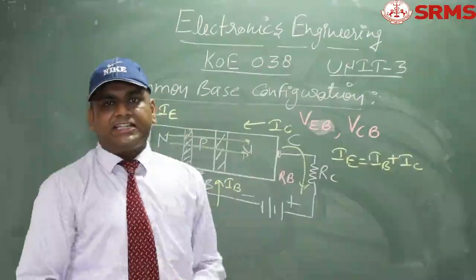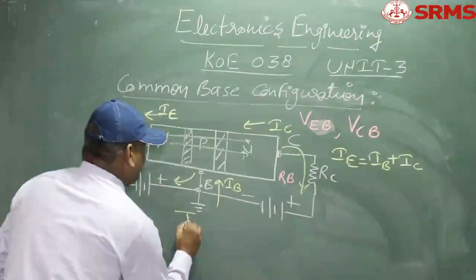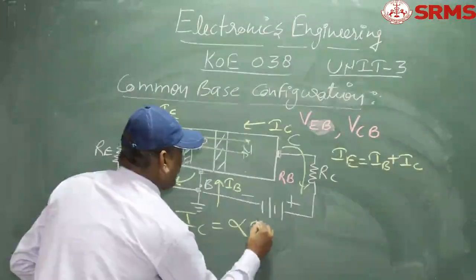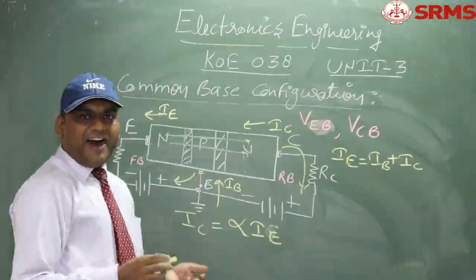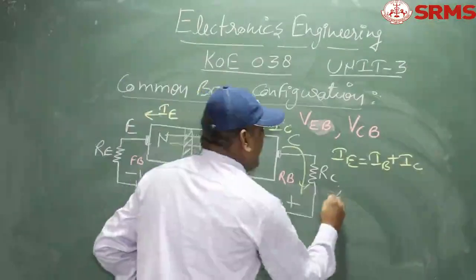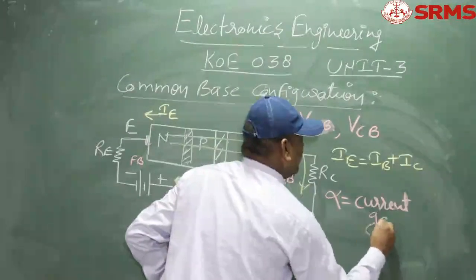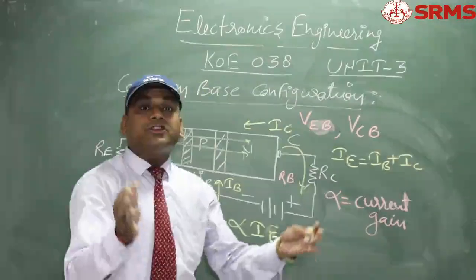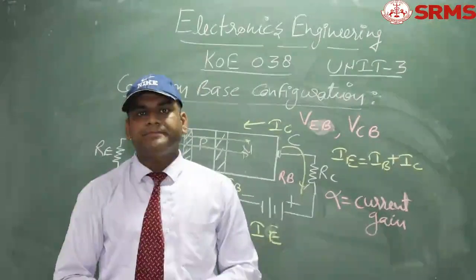But as far as transistor operation is concerned, IC is equal to alpha times IE, where alpha is the current gain in the common base configuration. It is very important.